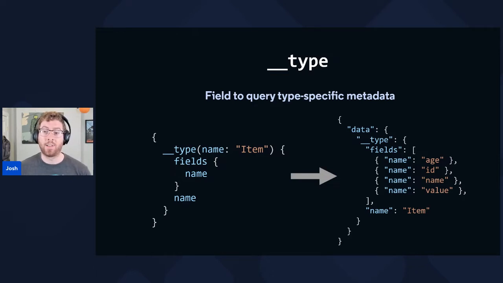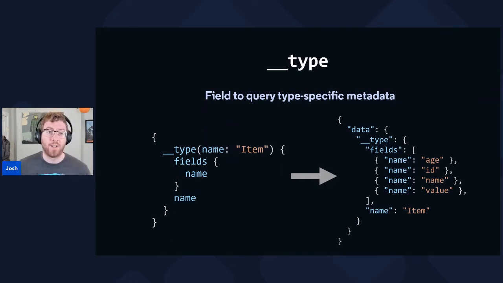Here I've queried on the left for the type of name Item, and I've, for each field in that type, retrieved its name. And on the right, we have some sample results from a server where we have age, ID, name, and value under the Item type. So __schema lets you query for everything in the server, all the type names and details on those types. __type lets you query on a specific type.